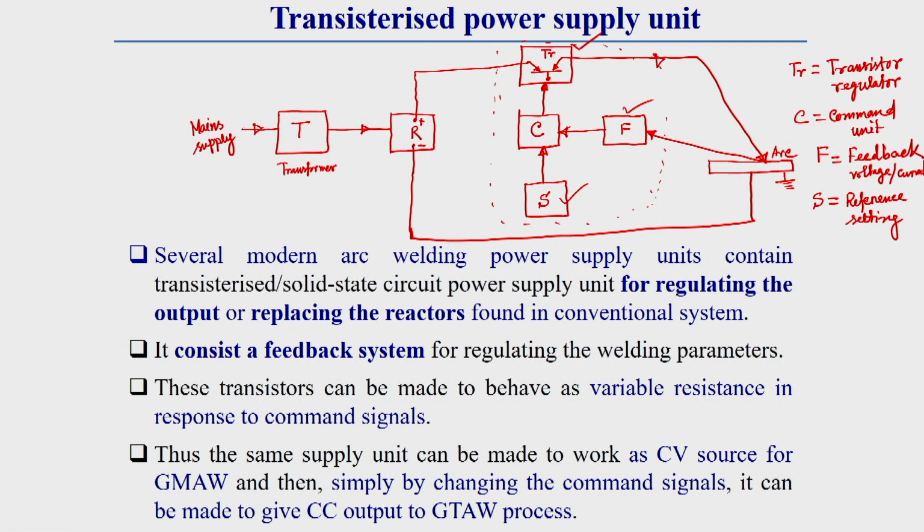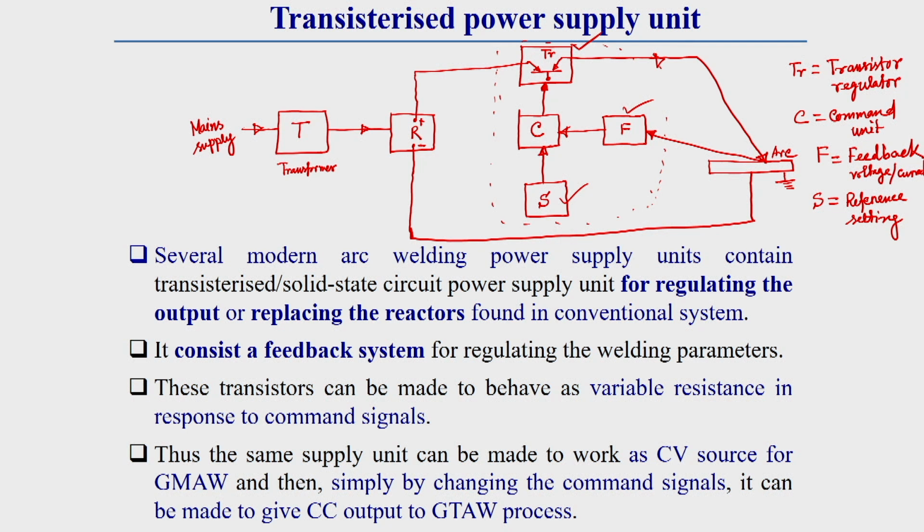The transistor regulator then controls the output according to the requirement of the welding process. As per the signal of the command unit, the transistor regulator regulates the output of the arc. So, output control we can do very carefully by using this power supply unit.